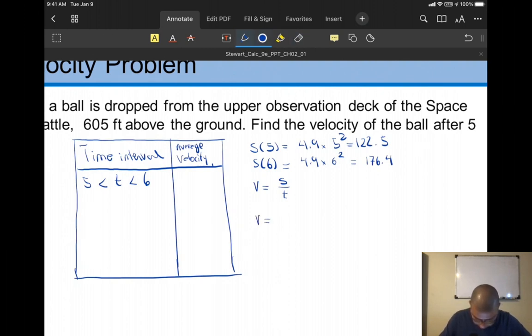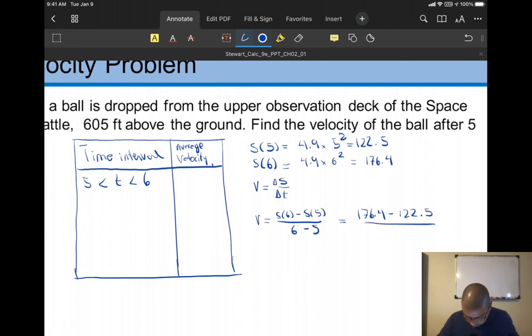That's the velocity, the distance traveled. So it's s of 6 minus s of 5, divided by 6 minus 5, right? The variation of space divided by the variation in time, the interval of time. So 176.4 minus 122.5 over 6 minus 5, which is 1. So I just do this.